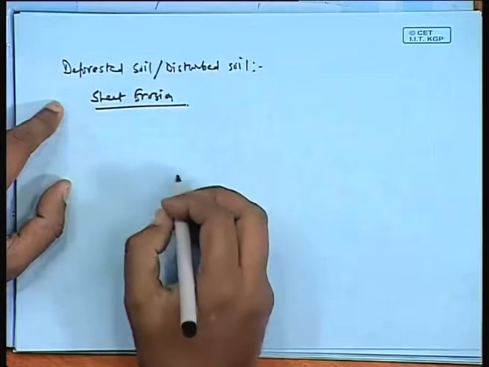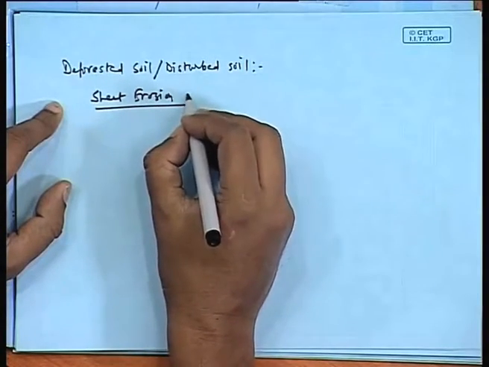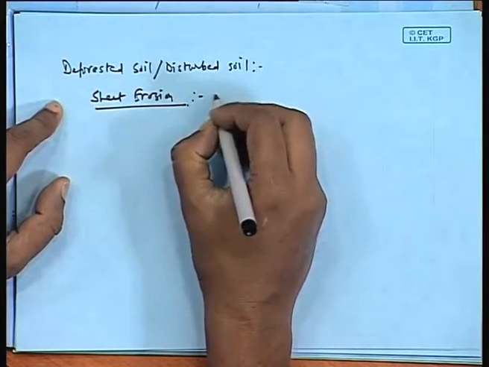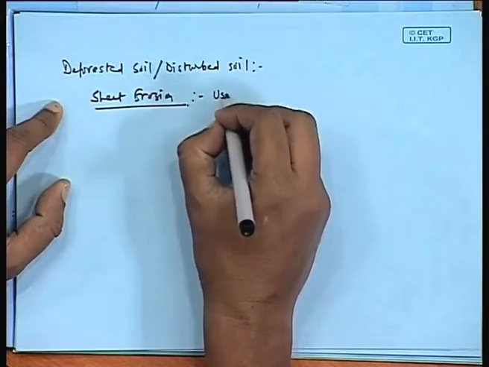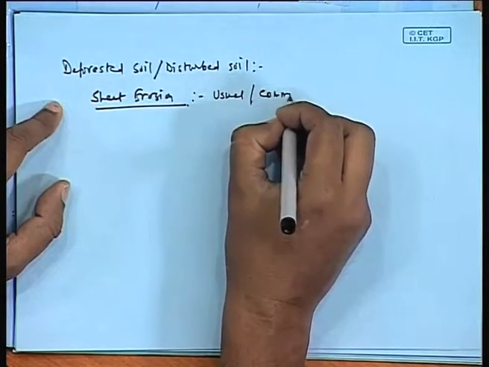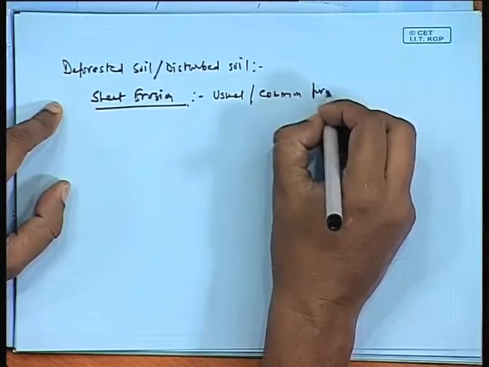Sheet erosion is a usual form of erosion. It is a very typical, very common type of erosion.